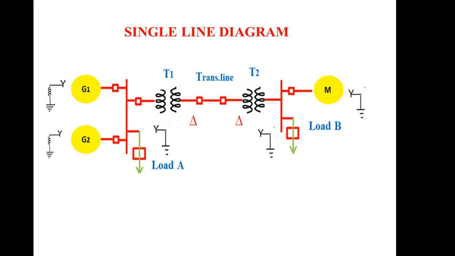After drawing the single line diagram, we have to convert it into an impedance or reactance diagram. So this is your general single line diagram, from which I can find the impedance or reactance diagram.